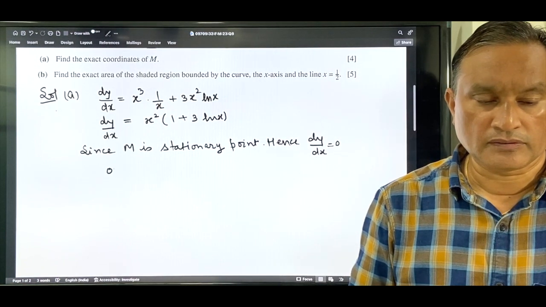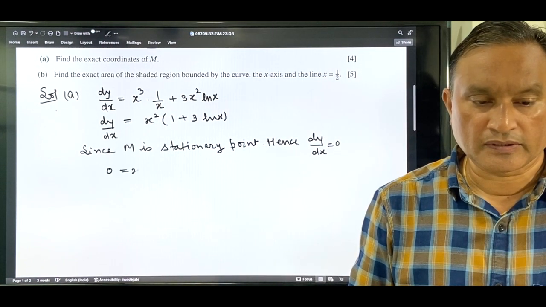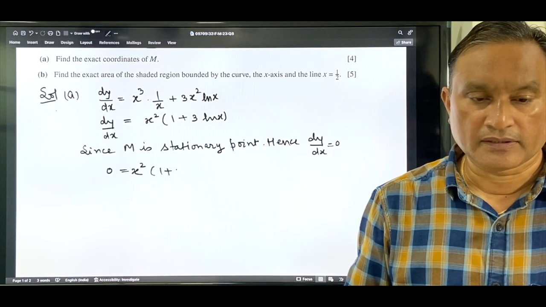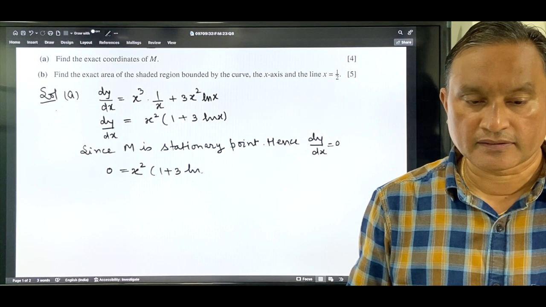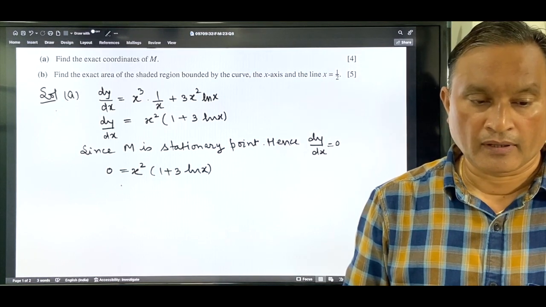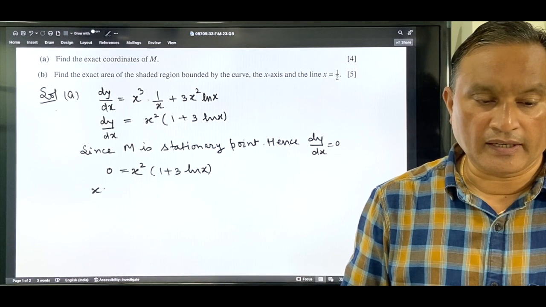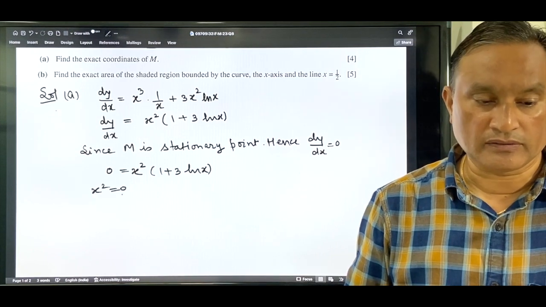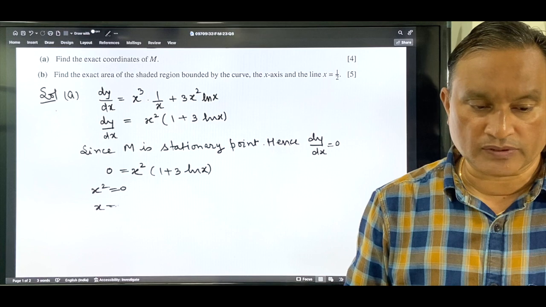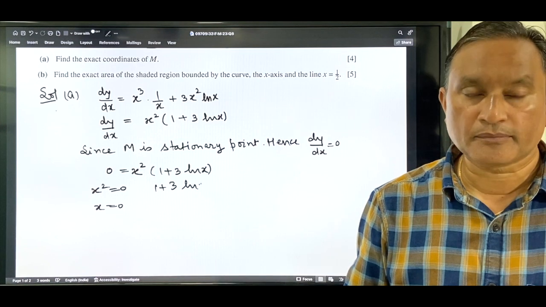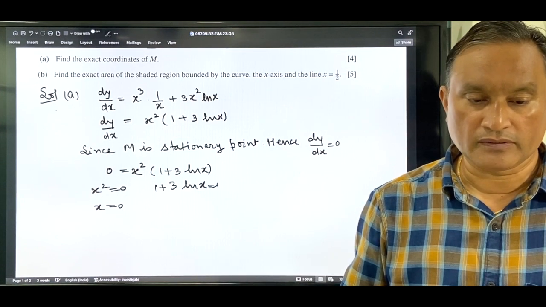So 0 equals x squared (1 + 3 ln x). So you can write here x squared equals 0, so x equals 0, and the other one is 1 + 3 ln x equals 0.